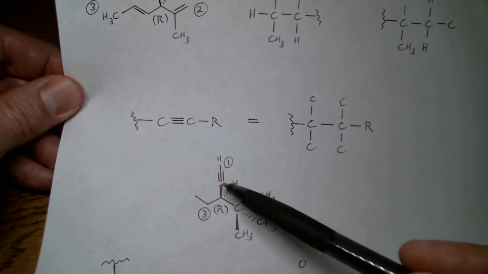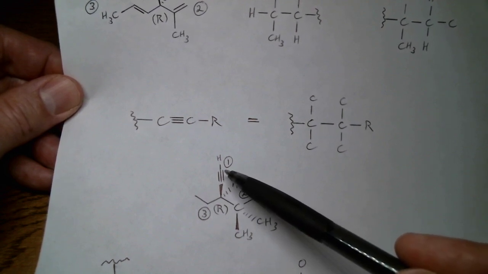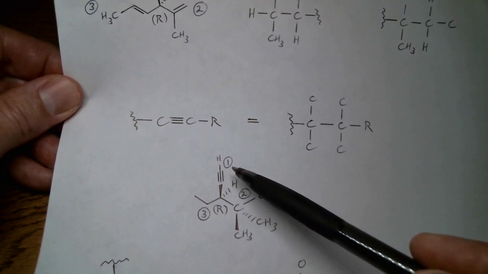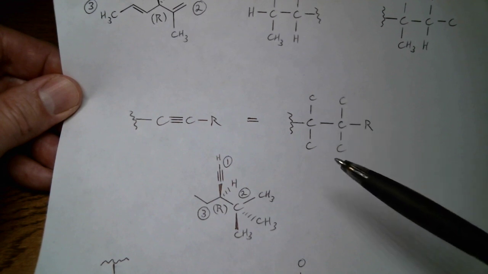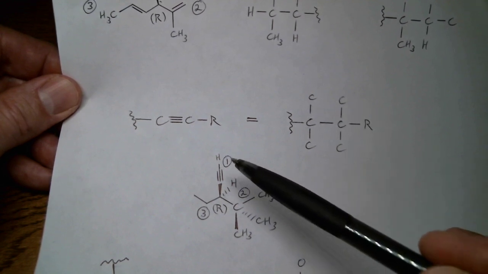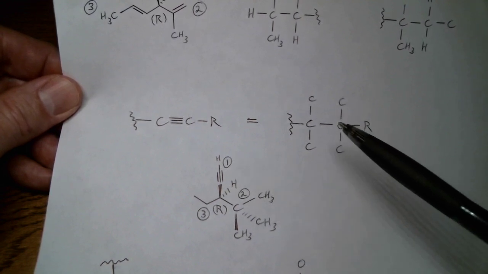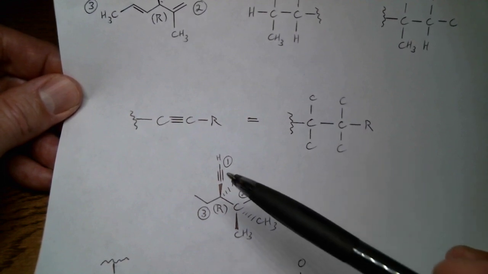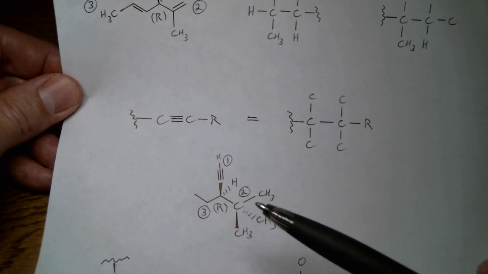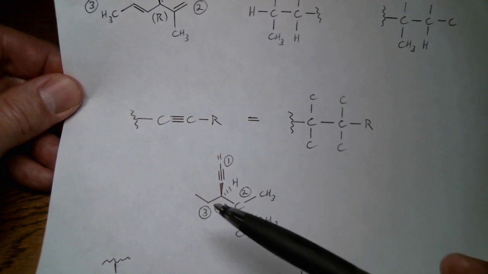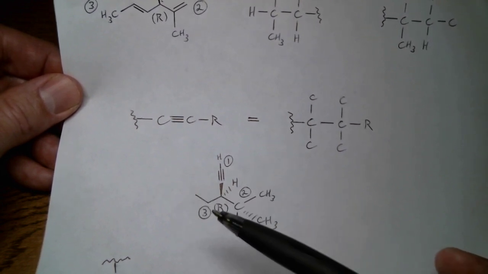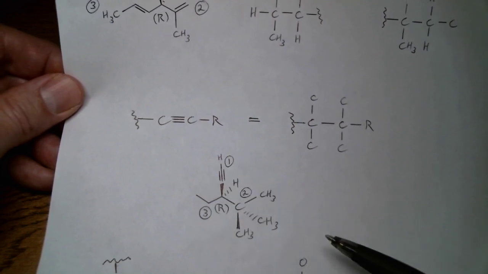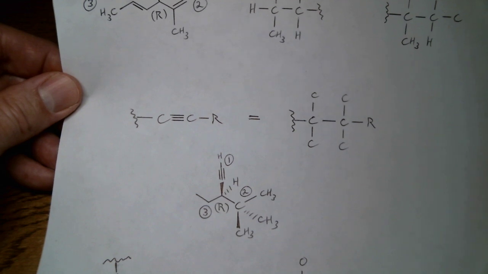Well, if we move out one carbon along our alkynyl arm, that carbon is treated as what? A carbon that's bonded to two carbons, and in this case, R is hydrogen. So that's a higher priority than any of those methyl groups. So that's why our alkyne gets first priority, this arm gets second priority, and of course this arm gets third priority, and if we connect 1 to 2 to 3, we're going clockwise. So this is an R stereocenter.